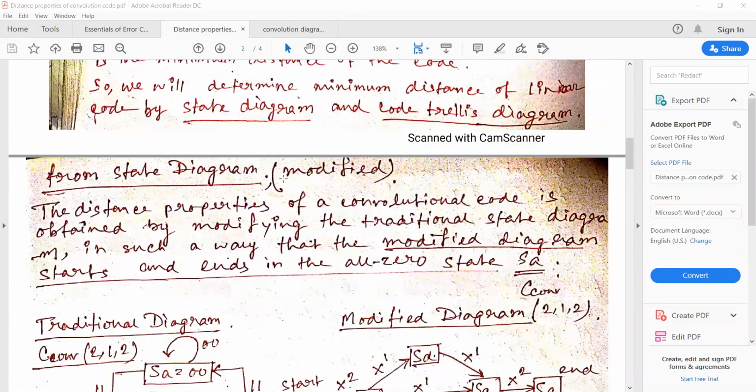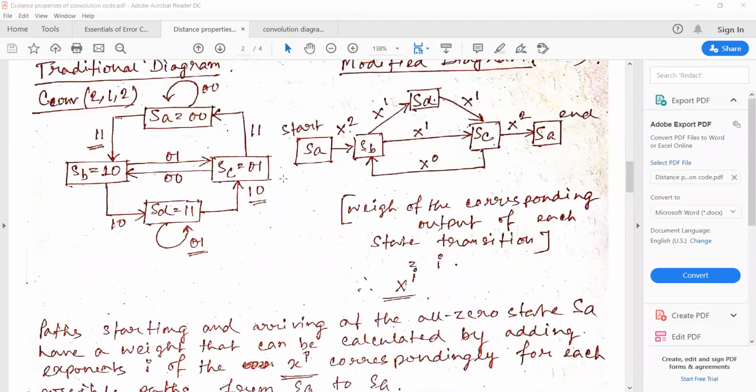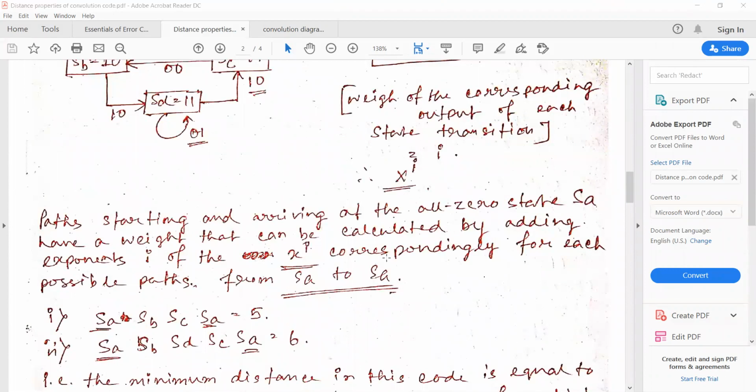So we have to always start from the all zero state and end at the all zero state. So paths starting from and arriving at the all zero state SA have a weight that can be calculated by adding exponents, that is I, of the x to the power I correspondingly for each possible path from SA to SA.